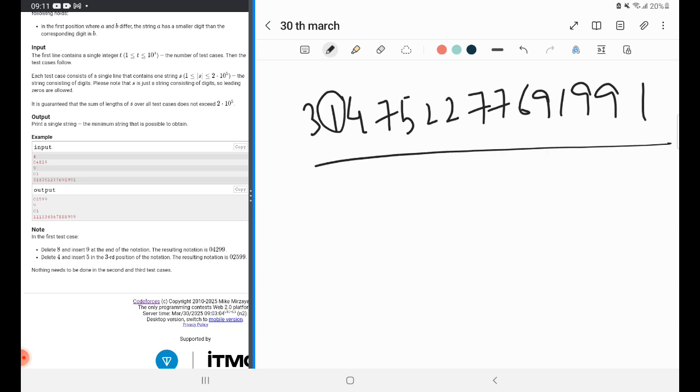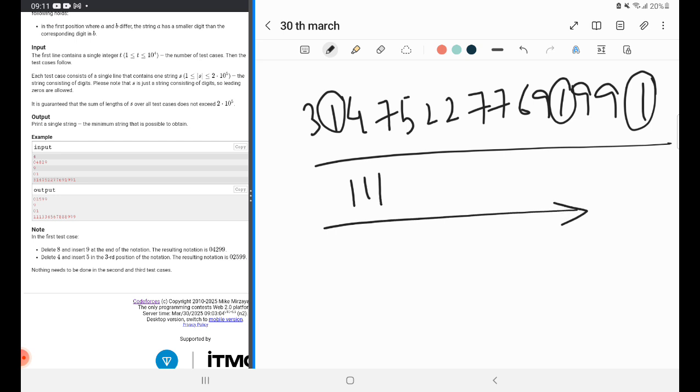So this is 1, this is 1, and this is also 1. So we would definitely want 1 1 1 to come first and after that everything else, right? So therefore what we do is, except for the 1s, whatever else is there, try to shift them to the end, where the 1s end, right?